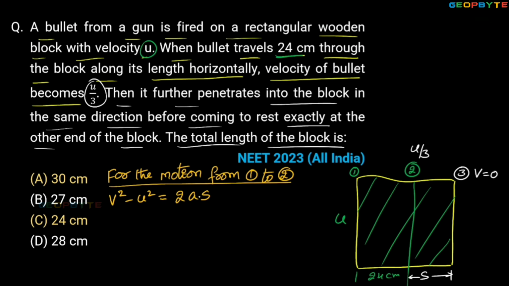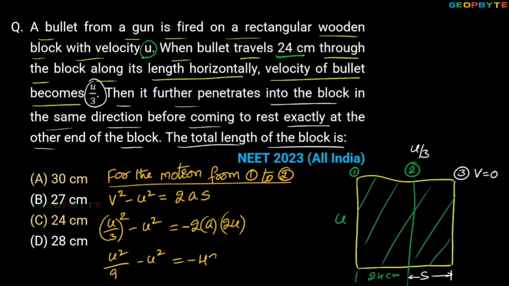Now, for 1 to 2, the final state is where the velocity is u by 3. (u by 3) whole square minus u square equals 2 into a into the distance traveled, 24. Since the speed is decreasing, negative acceleration, that's why I am keeping the negative sign. It is u square by 9 minus u square equals minus 48 times a.